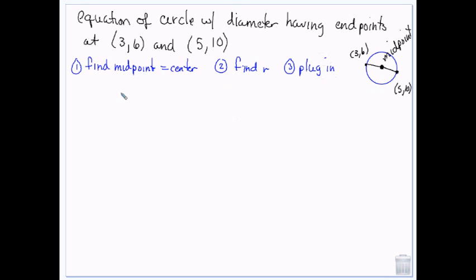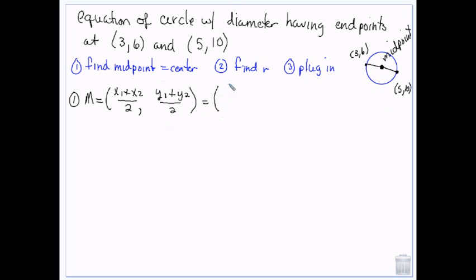Okay? So first we have to find the midpoint. And if you recall, the midpoint is x1 plus x2 divided by 2, and y1 plus y2 divided by 2.